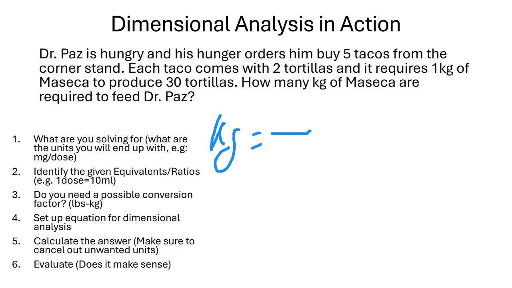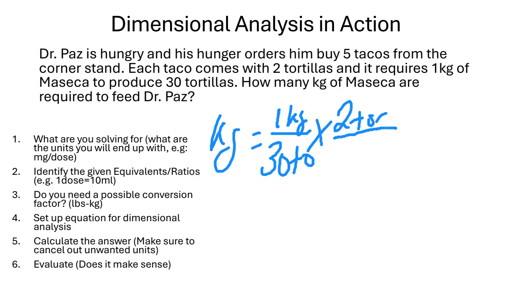So we know that 1 kilo of maseca will give you 30 tortillas. And we know that 2 tortillas are required to make 1 taco. And Dr. Paz is going to eat 5 tacos, and that will be his order. So I'm going to put here on the bottom 1 order, or just 1 as a placeholder.